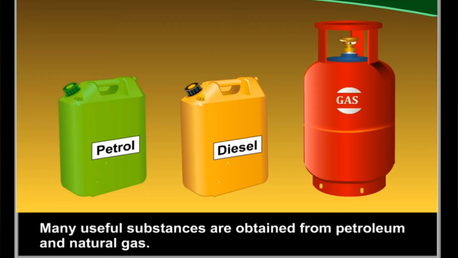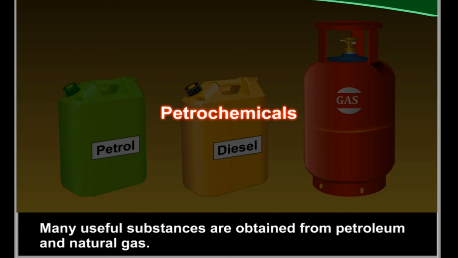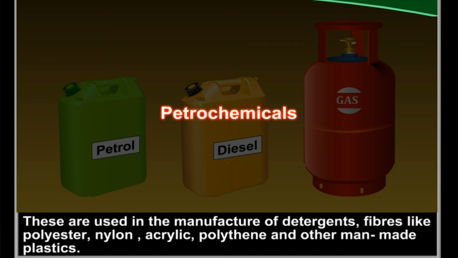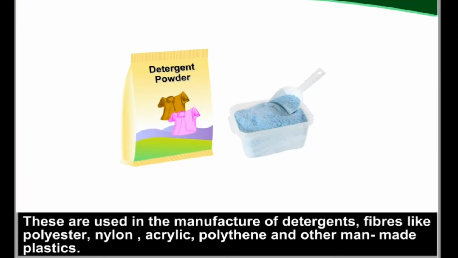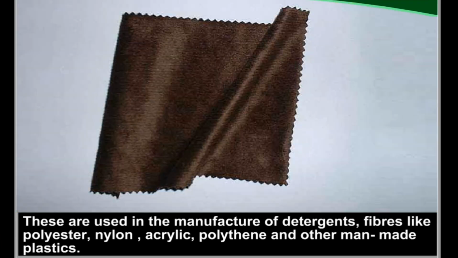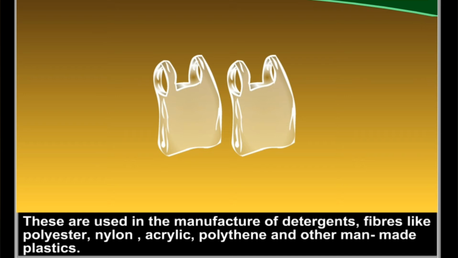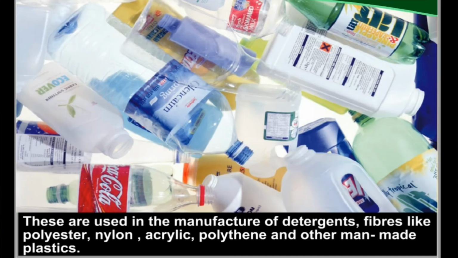Many useful substances are obtained from petroleum and natural gas. These are termed as petrochemicals. These are used in the manufacture of detergents, fibers like polyester, nylon, acrylic, polythene, and other man-made plastics.